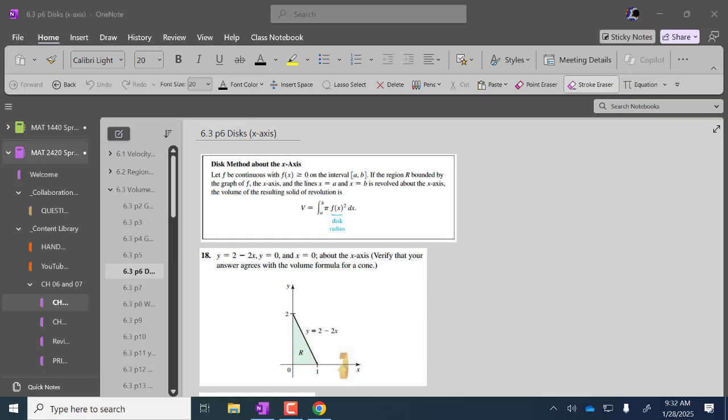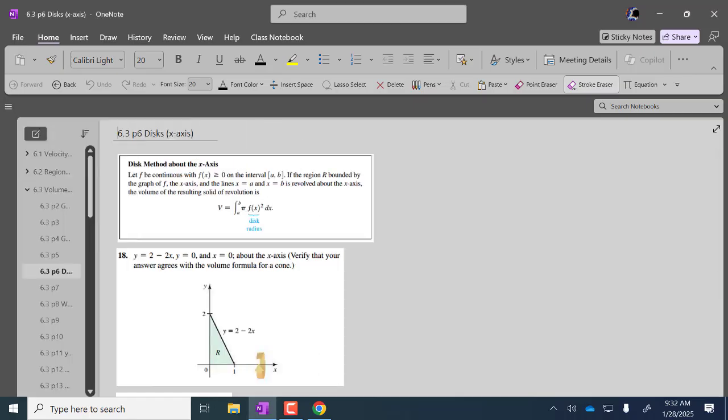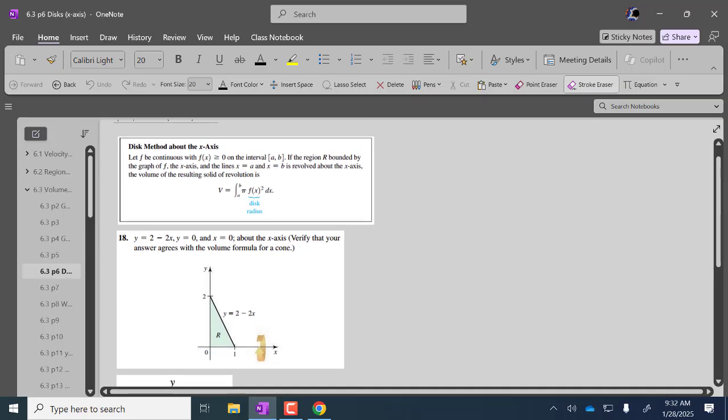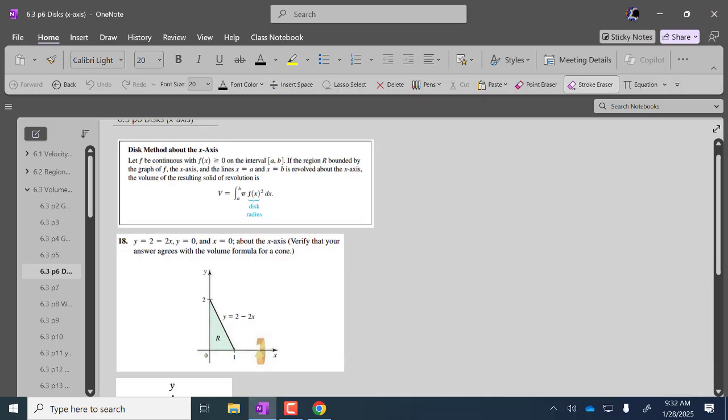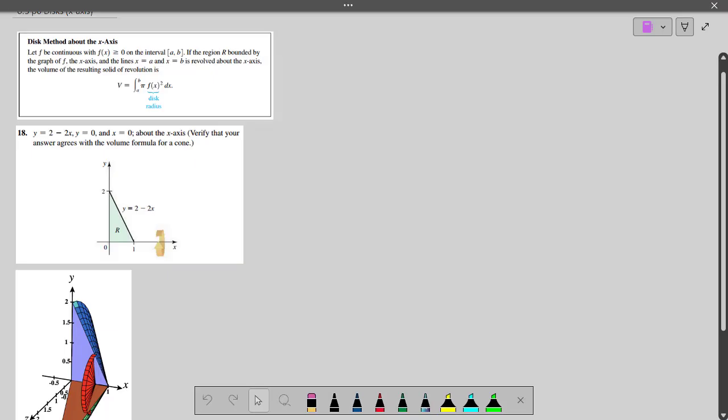Now, let's go ahead and take a look here. So we are going to rotate around the x-axis now. The rotations that we were doing on Thursday were around the x-axis, and that was important because it created a disk very naturally using a vertical element.